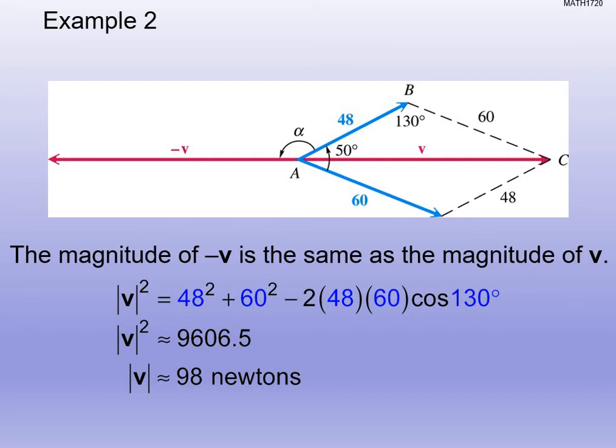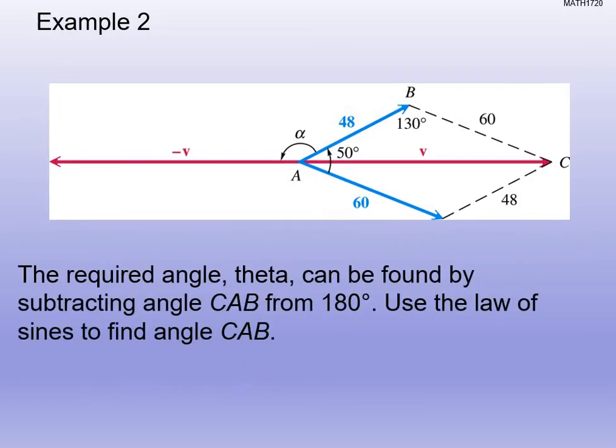So we know that it is also 98 now, because the vector V is 98. It's just 98 in the opposite direction, right? I mean, does it really matter if you drive 10 miles east or 10 miles west? You drove the same amount, just different directions. So I want you to think about that as kind of how the magnitude works.